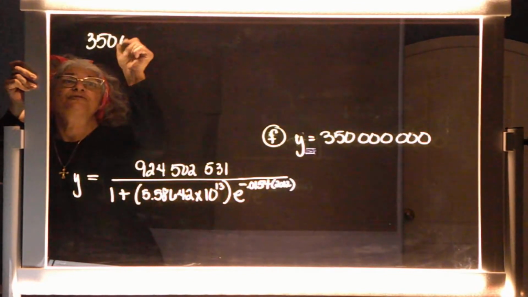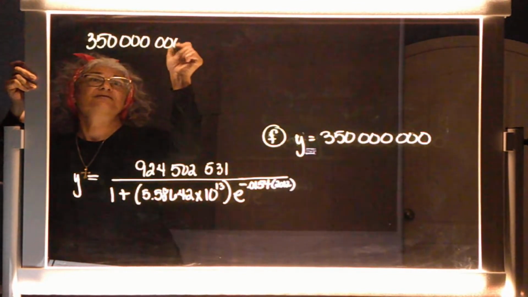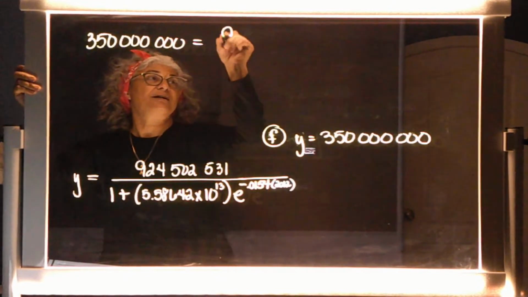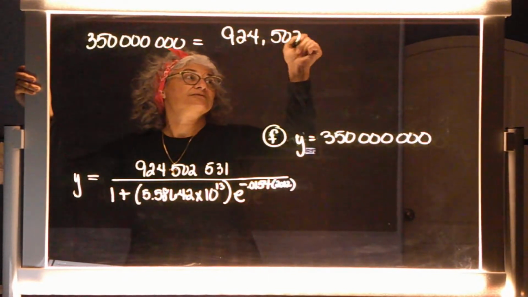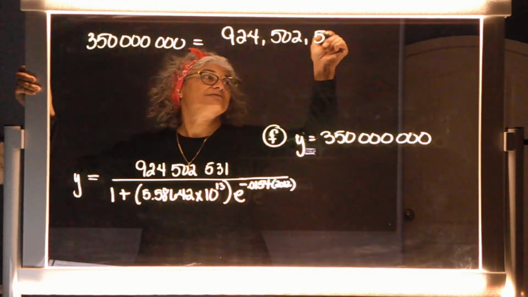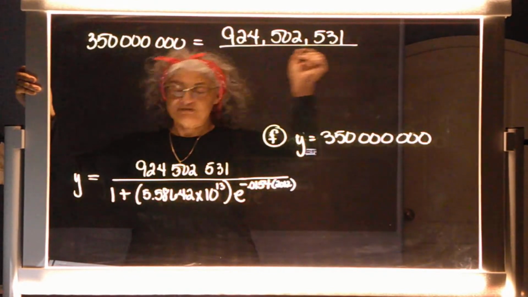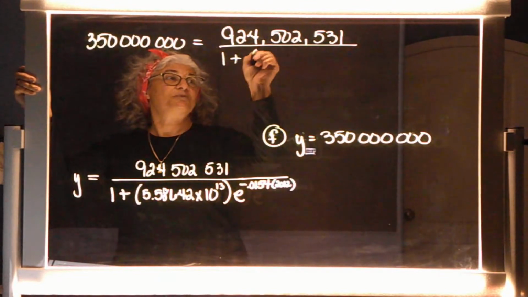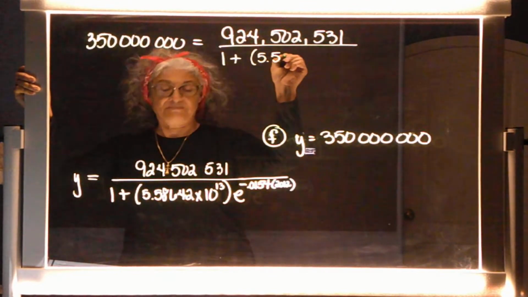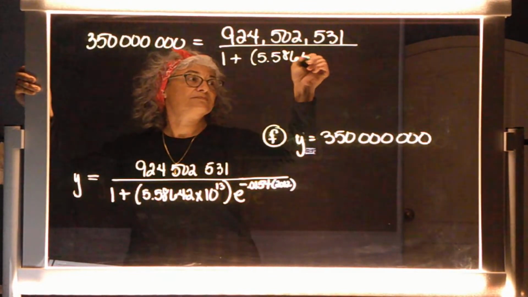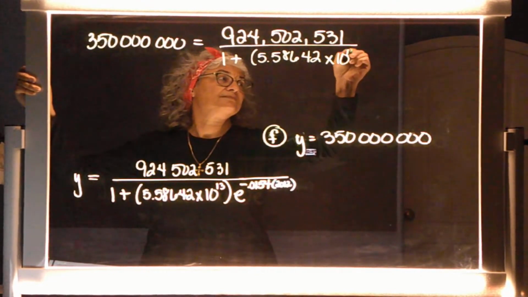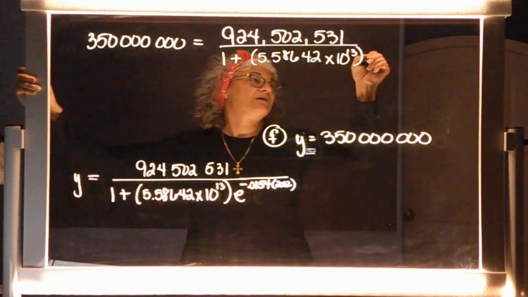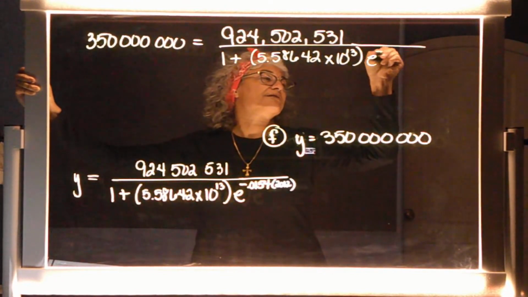We have 350 million equals this 924 million, etc. on the top, over this lovely denominator, times this.